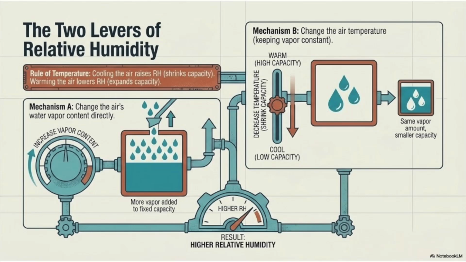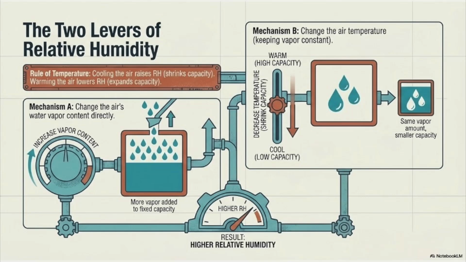The second mechanism involves changing the air temperature while keeping vapor content constant. Warm air has a high capacity for moisture, while cool air has a low capacity. This gives us the rule of temperature. Cooling the air raises relative humidity because it shrinks the air's capacity, while warming the air lowers relative humidity because it expands that capacity.